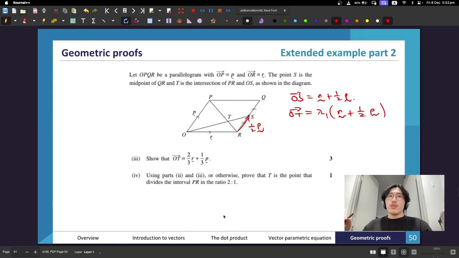Well, we can define OT going through OP to PT.